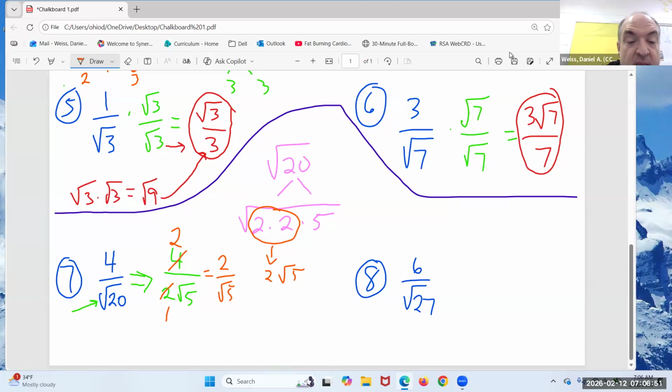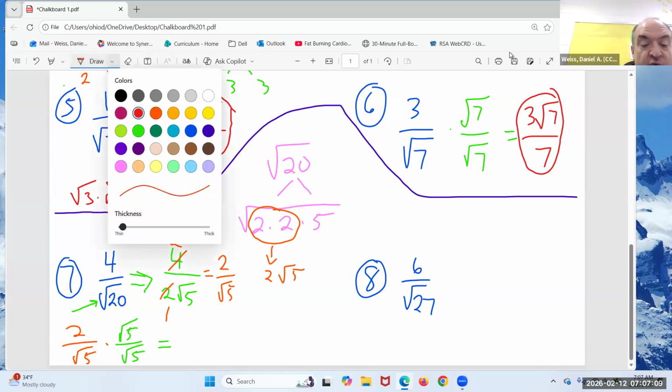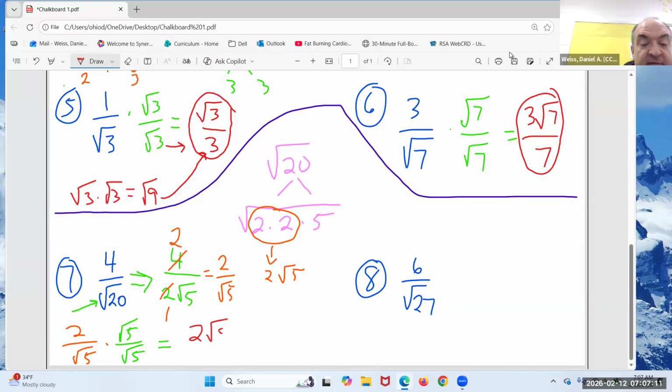But of course, you can't have a square root in the denominator, right? So what do we have to do now? We have to multiply by square root of 5 over square root of 5. What do I get? I get 2 square root of 5 over 5. And that is my final answer.